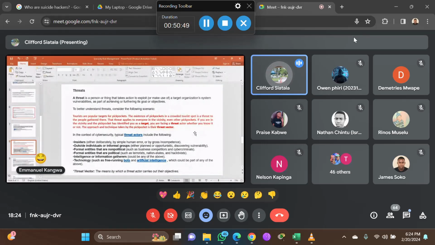Another one is outside individuals or informal groups. Those are opportunists who are discovering vulnerabilities. One day I was shocked. There was a web server which we were testing inside the network. We had an argument.